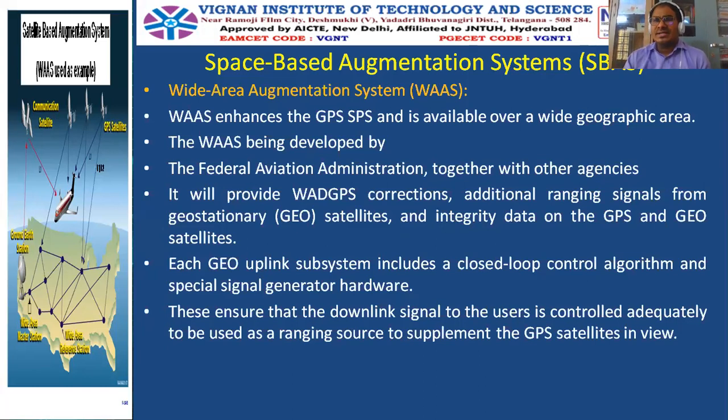So what is the advantage of this hardware generator? It will downlink the signal to the users, controlled adequately so that if there is any ranging we are doing, it supplements the GPS. Actually, we are using a GPS satellite for range calculation, and from the geostationary satellite also the same type of signal is received by the user. So this may supplement that.